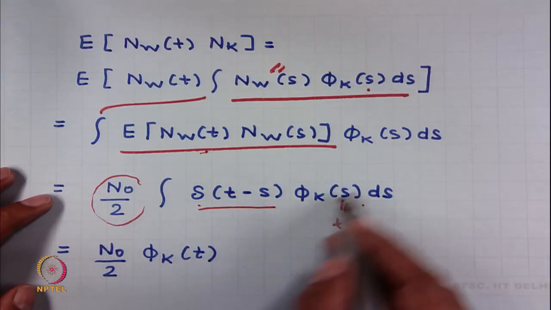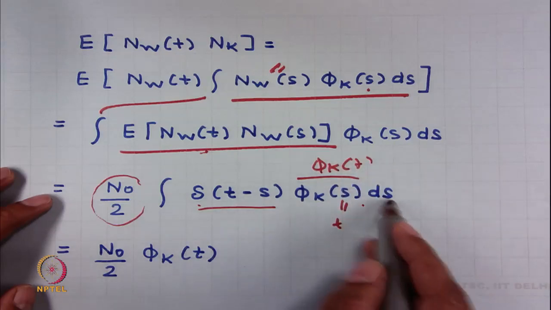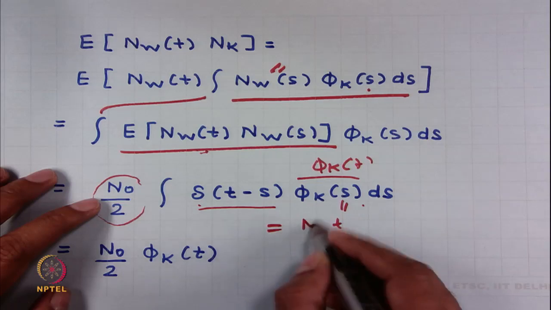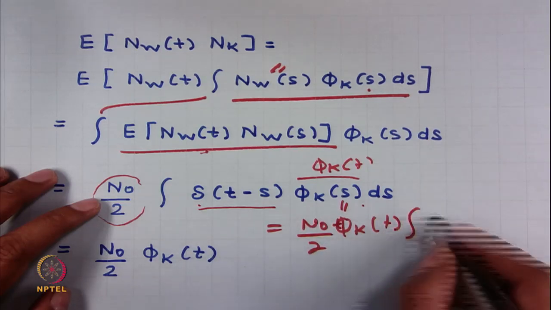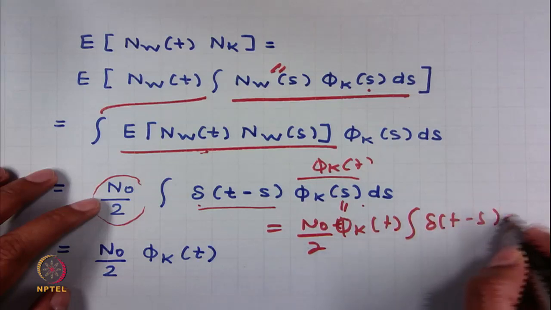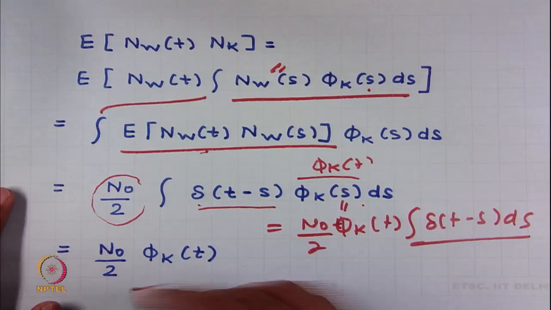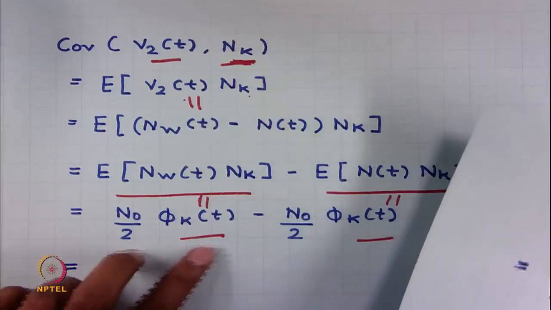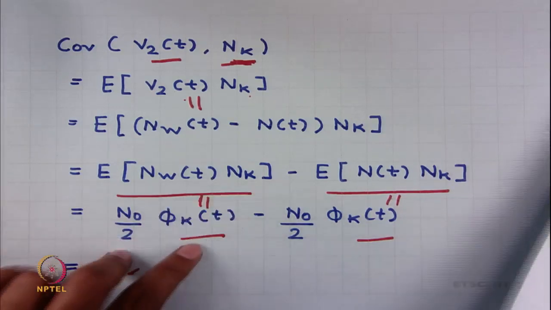So, s is t, this is phi_k(t). Phi_k(t) is not a function of s, it can be pulled out. So, this becomes N_0 by 2 times the integral of phi_k(t) delta(t minus s) ds, and the integration of an impulse is 1. So, we get this, and that completes the first proof, that the expected value of N(t) times N_k is this thing.